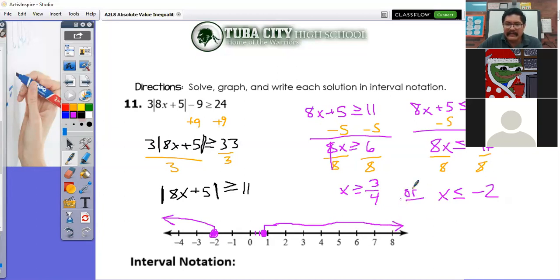I think I've been a little bit bad. I think I've been missing some of those. But that's not really in the directions. The directions don't really tell us you have to indicate whether it's an and or an or. But I'm also just pointing it out. So when grading these, I probably won't be looking for that part. I'm mainly going to be looking at your numbers here. Make sure you got the right numbers.